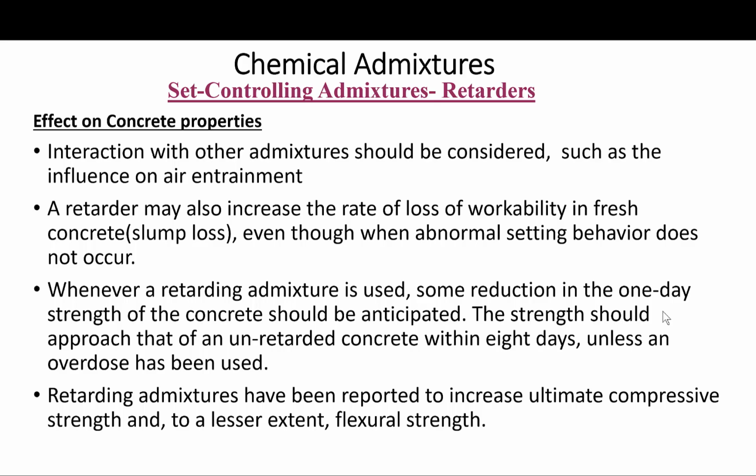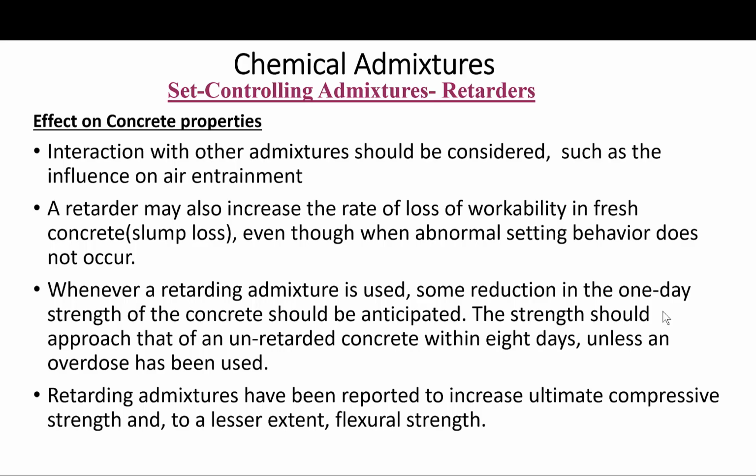All right. So let's look at the effect on concrete properties of these retarders or retardant admixtures. The influence of a set retardant admixture on air entrainment should be considered, particularly if the admixture also has water reducing properties.